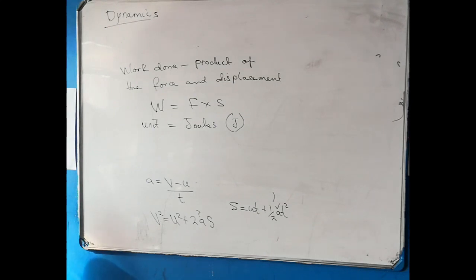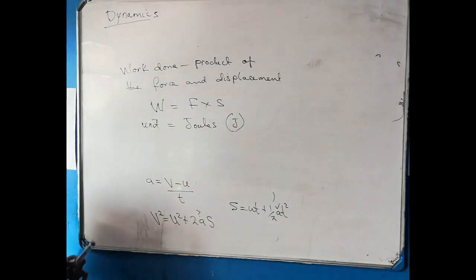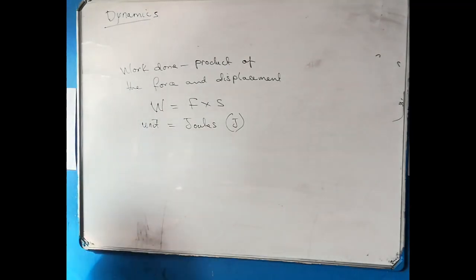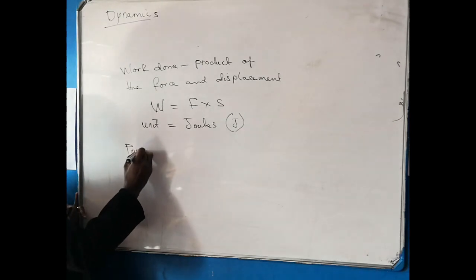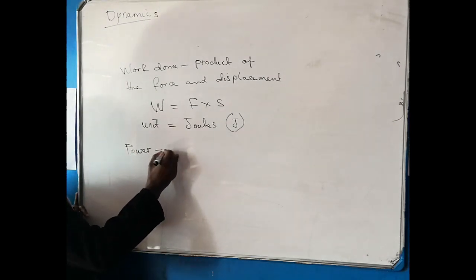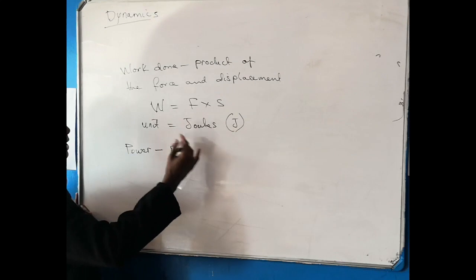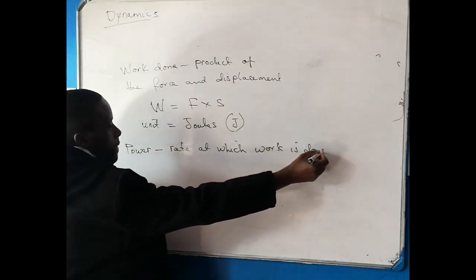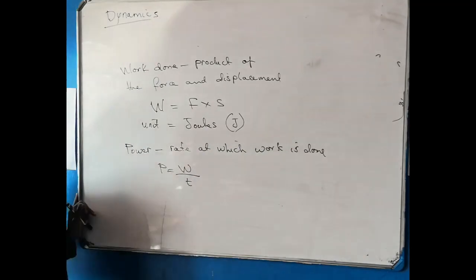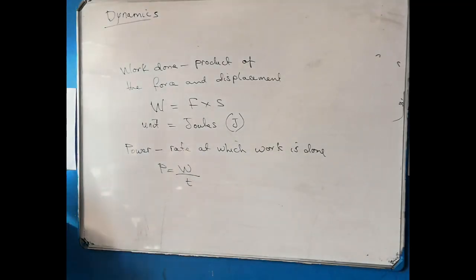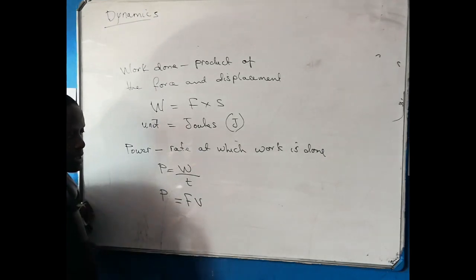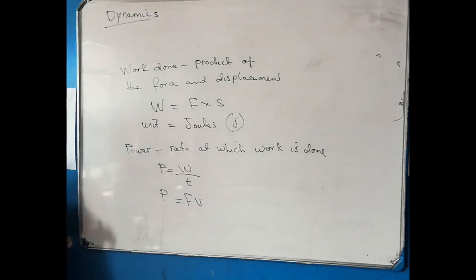The rate at which work is done, that is power. We looked at power yesterday. Rate at which work is done, or work done per second. We can as well use power is equal to the force times the velocity.